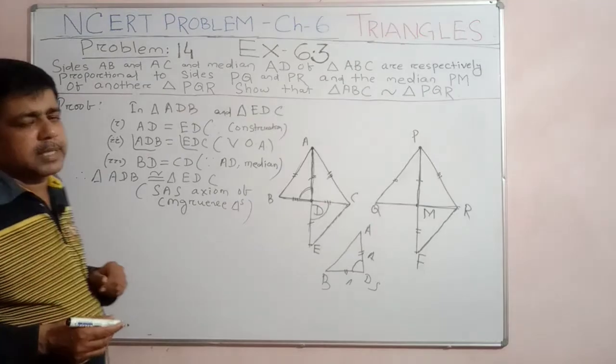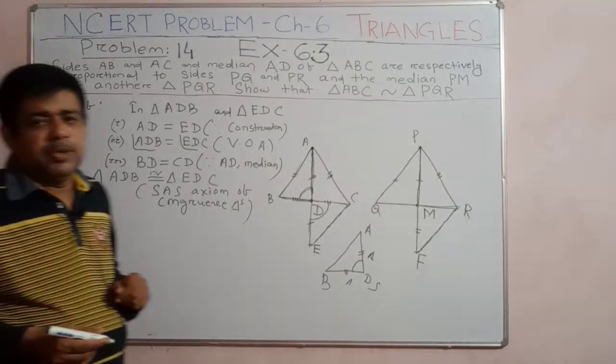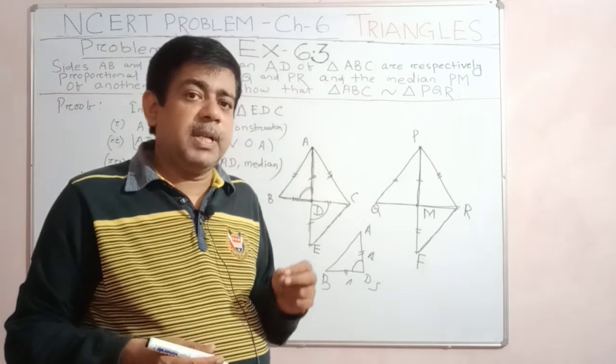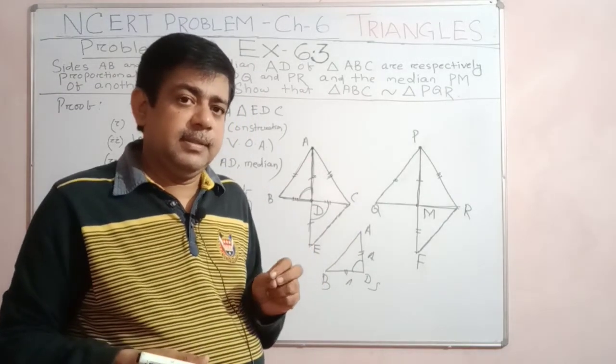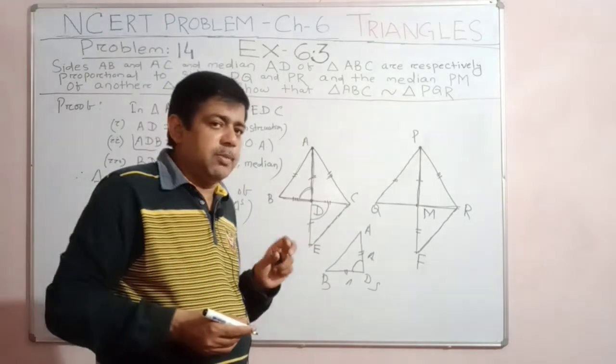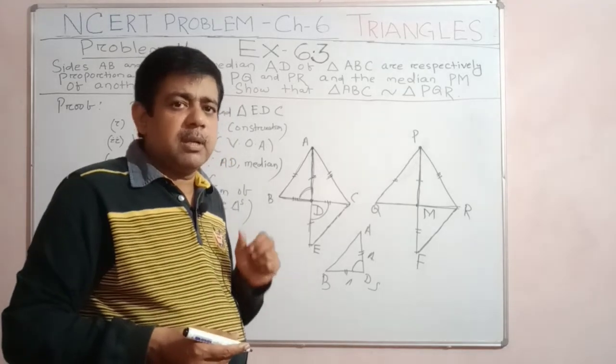Since the two triangles are congruent, what do you know? Their corresponding sides are equal and their corresponding angles are equal. Yes or no?